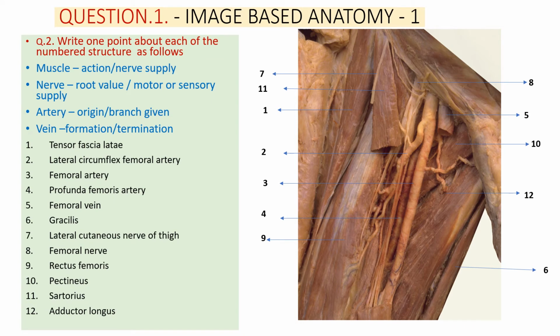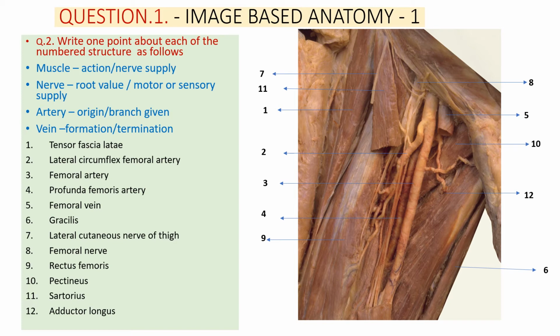Now look at the second part of the question on the image based anatomy of lower limb. After answering the first question, naming the 12 structures that were numbered, you attempt this question.